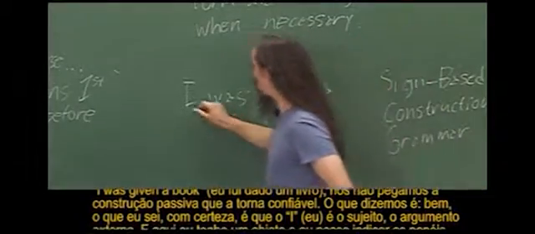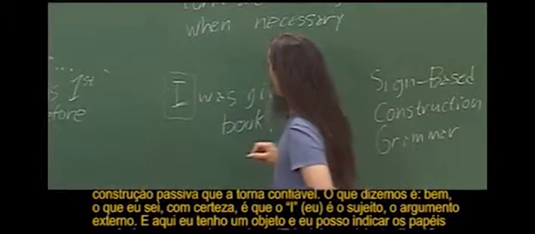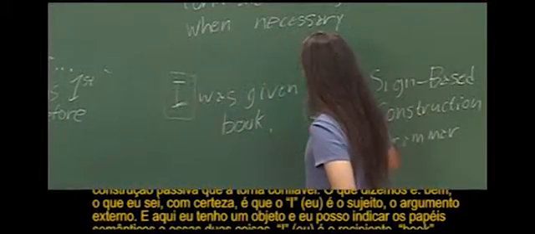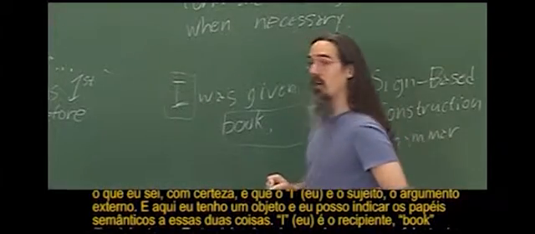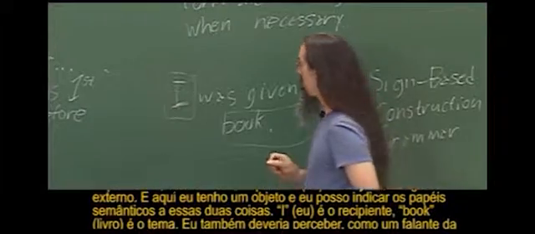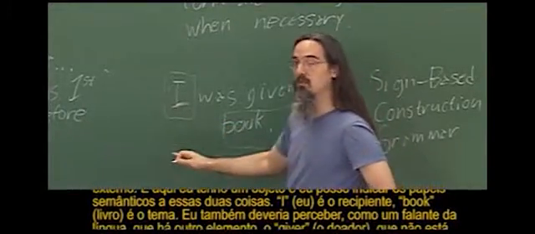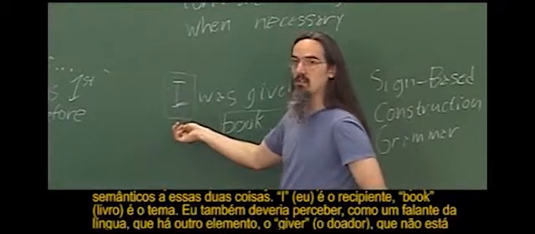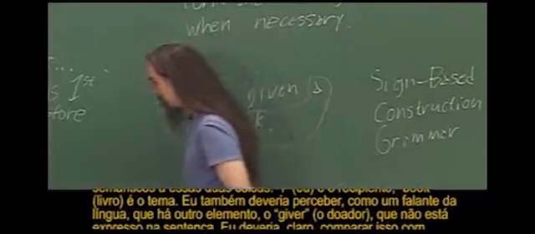What we say is, well, what I know for sure is that this is the subject, the external argument. And then here I have an object, and I can assign the semantic roles to these two things. I is, of course, the recipient, and book is, of course, the theme.